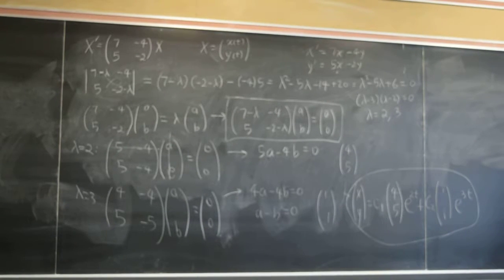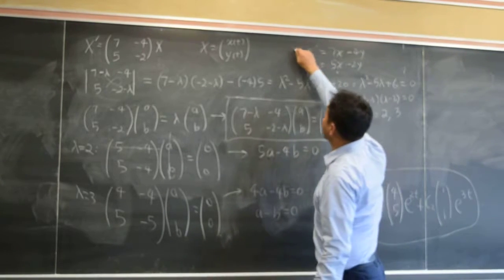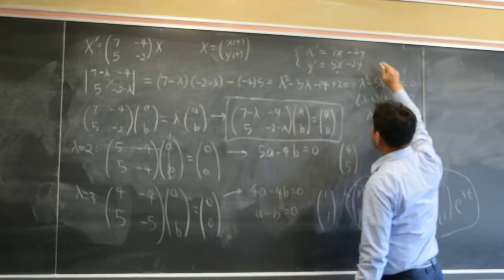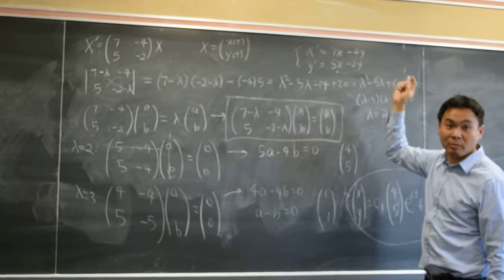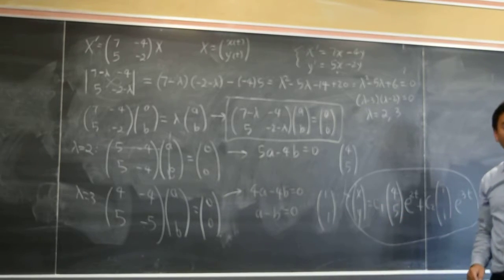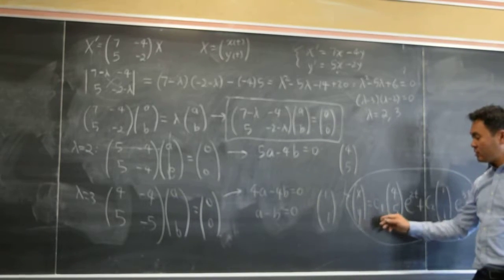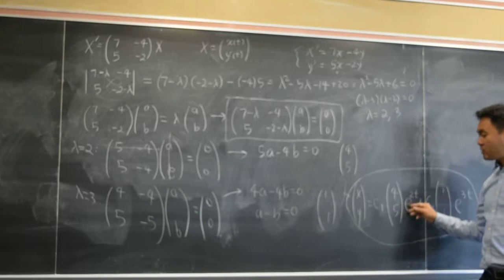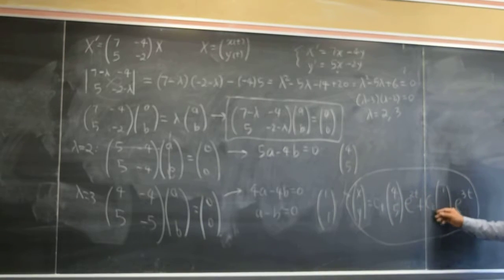Now, sometimes if you are given the equation in this form, you might be requested to find what x is and what y is separately. So if the question was, what's y of t, how would you answer? y of t is c1 times 5 e to the 2t plus c2 times 1 times e to the 3t.